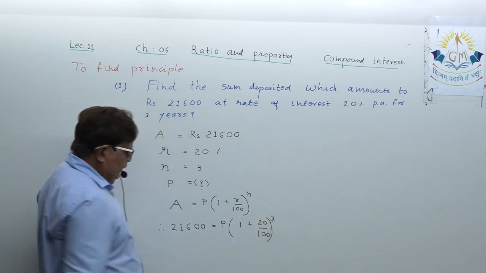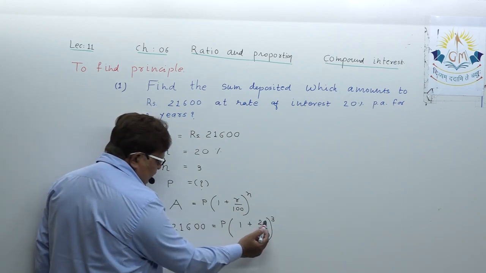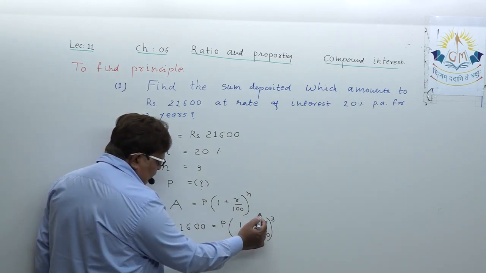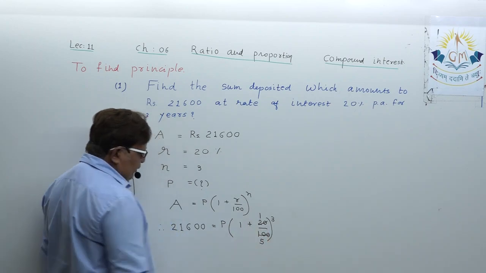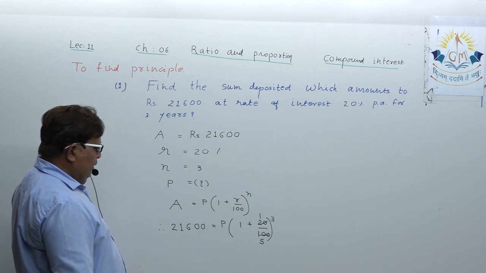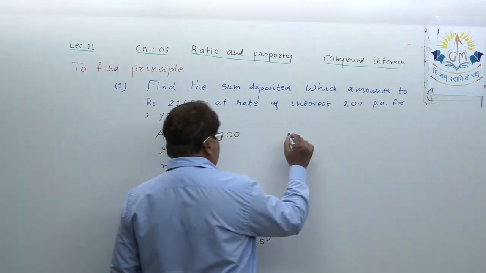Okay, one cancellation is possible here. 20 ones are 20, 5 fives are 100. Okay, the term we will continue here.